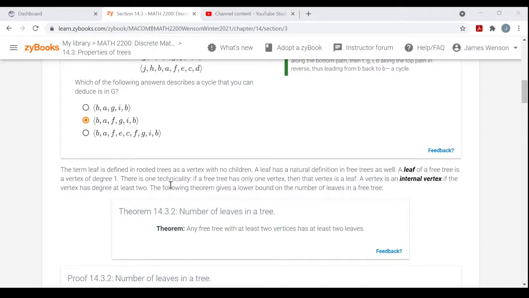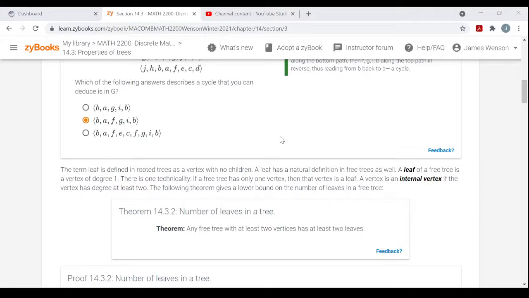All right, and there is one technicality. If a tree has only one vertex, then there's no edges, so you can't say it has degree 1, but they'll still call that one vertex tree a leaf. But other than that, if you have 2 or more vertices, any vertex with degree 1 is going to be called a leaf.